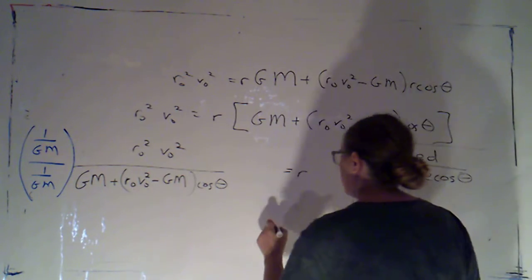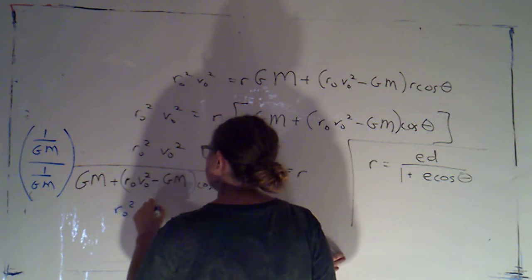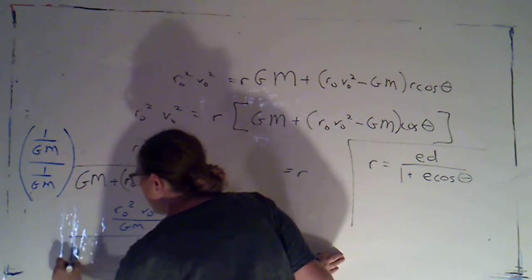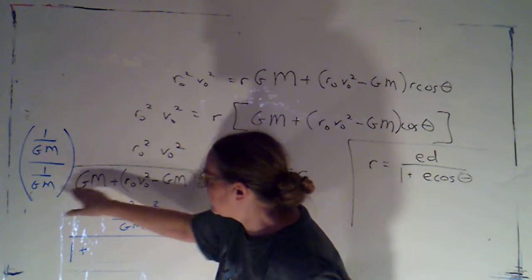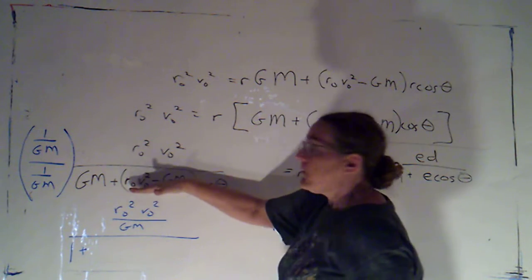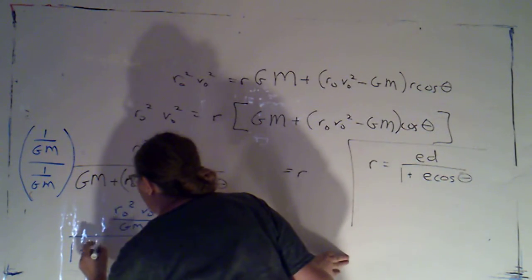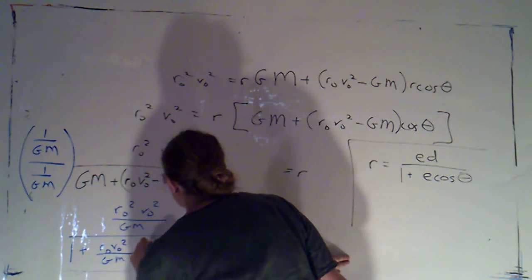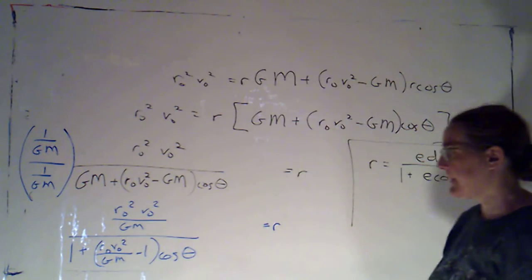So we're going to have r equal to r naught squared v naught squared over GM, all over 1 plus, and this became a 1 because I divided by the GM. Now I'm going to distribute the GM in the denominator, so I'll have r naught v naught squared over GM minus 1, times cosine of theta.